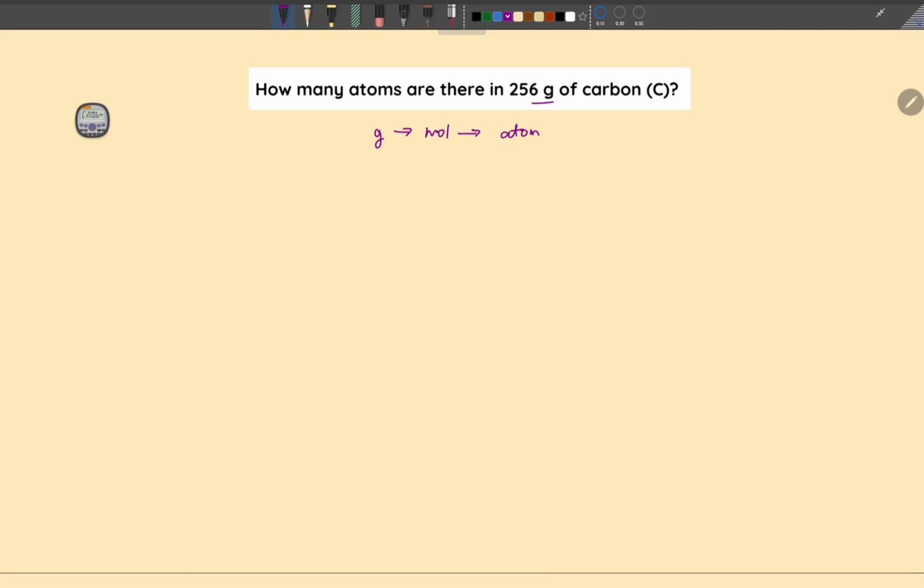So molar mass and then Avogadro's number. So 256 grams multiplied by molar mass of carbon. Carbon is 12 gram per mole. So that will be 12 grams here so that we can cancel, 1 mole.